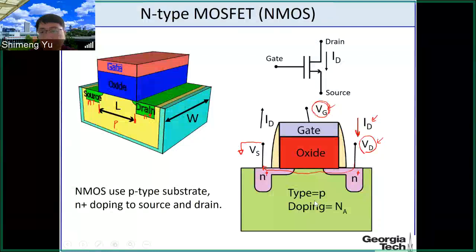Why is that? Because later, as we increase the gate voltage above the threshold, we operate the inversion charge, so the surface will become N-type. Then we rely on the electron flow in the NMOS to conduct the current. That's why this is called an N-type MOSFET.